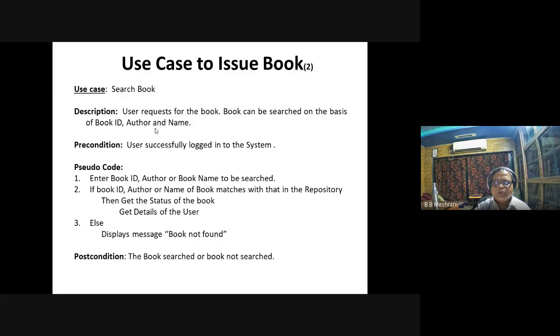Second step, if book ID, author, or name of book matches with that in the repository, then get the status of the book, get details of the user, else display message book not found. So the post condition of this search book use case is the book searched or book not searched.